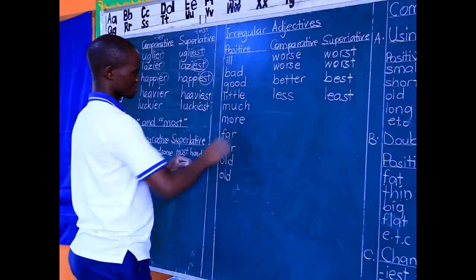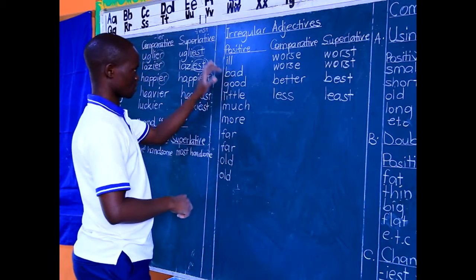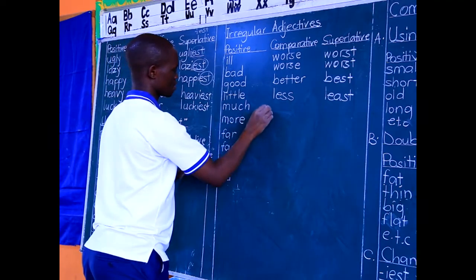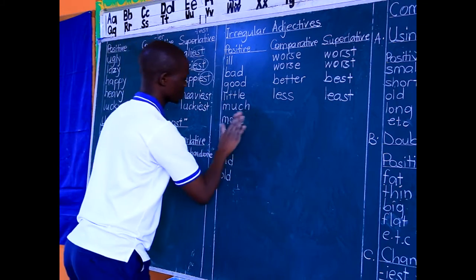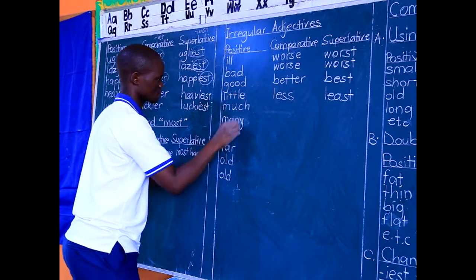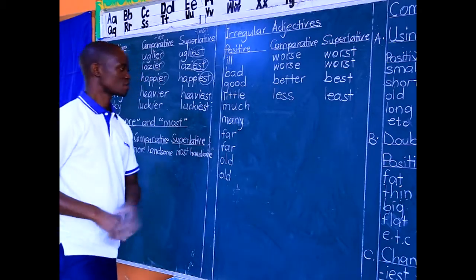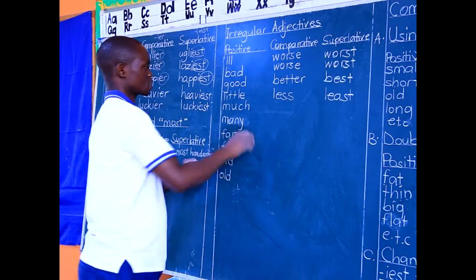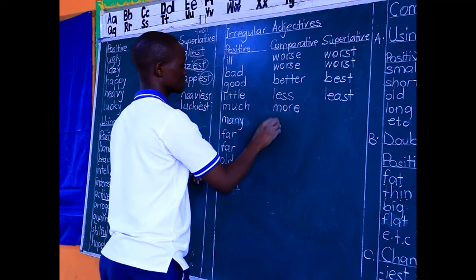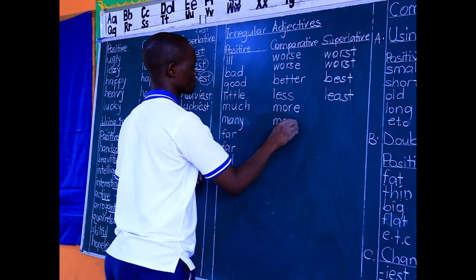Then much and more are like ill and worse. They are similar. Much and more. This is not much more. It's supposed to be many, sorry. Slight error, sorry. So we have much and many, which are in the same category, changing to more to form the comparative when you read both at the same time.